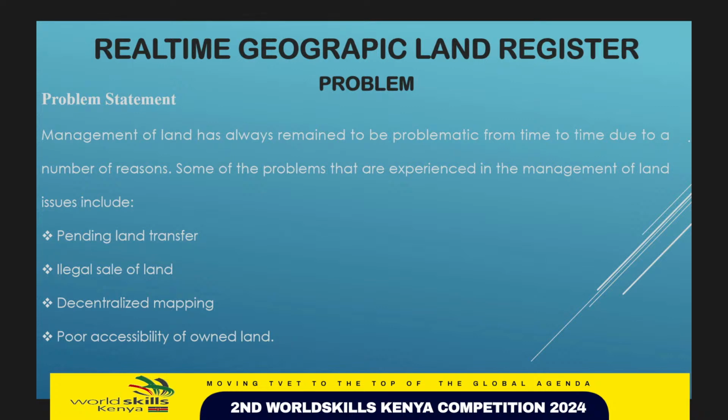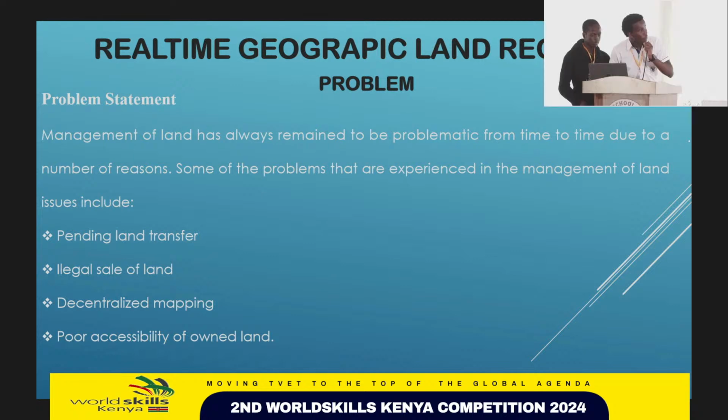As you see in the problem statement, the management of lands has always remained problematic for a number of reasons. Number one is pending land transfer. A number of people buy land.